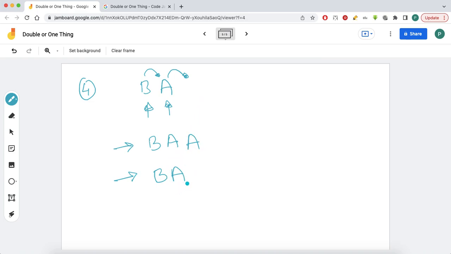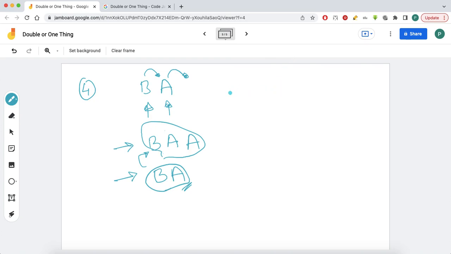If we choose to not repeat it, then we get a smaller string than if we had chosen to repeat it, right? So BA is smaller than BAA. So what does it mean?